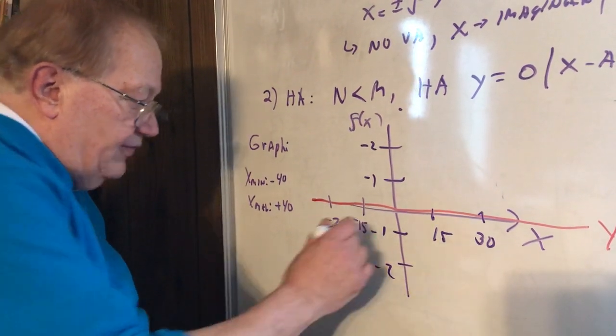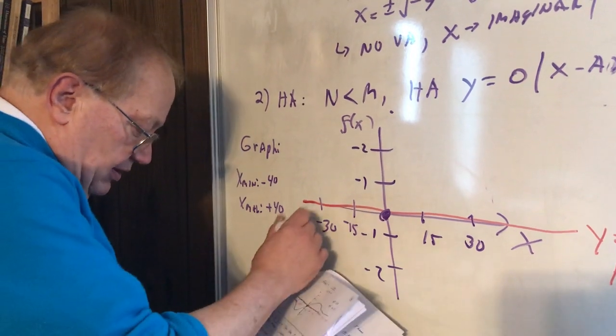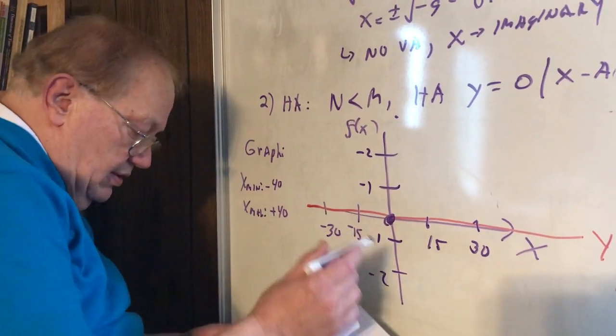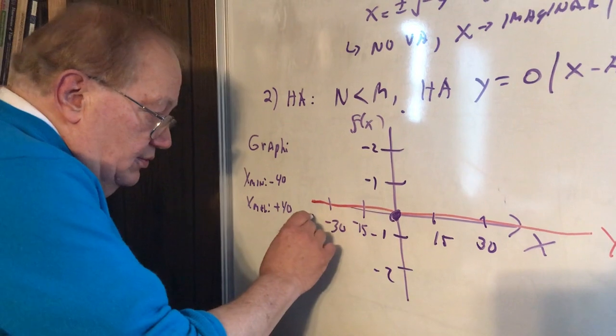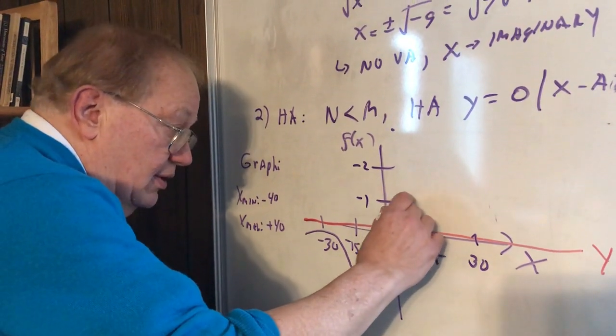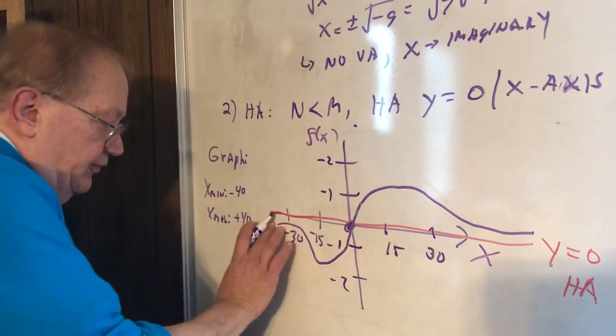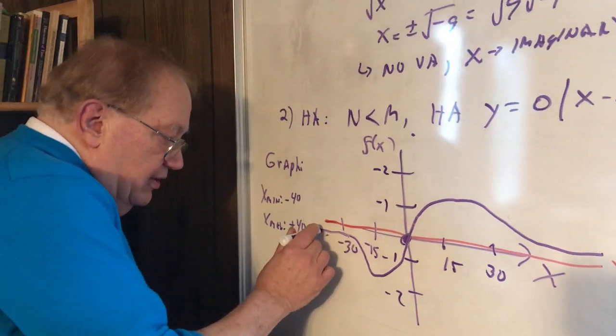Well, this crosses the 0 axis, and it goes something like this. It comes down to 2, and it goes like this. Notice this is supposed to be like this.